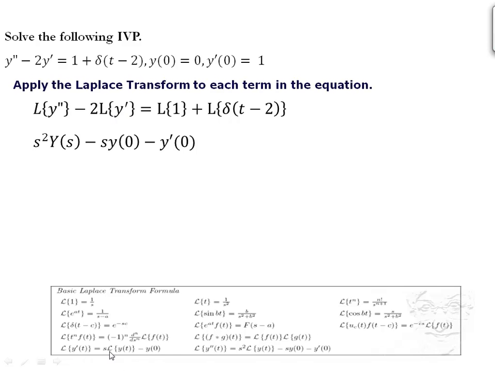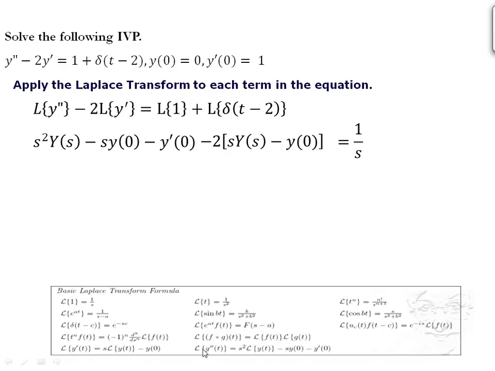Here's my formula for the Laplace of y prime. So I get negative 2 times s times Y of s minus y of 0. Then the right side of the equation equals the Laplace of 1, which is 1 over s, plus the Laplace of delta of t minus 2.